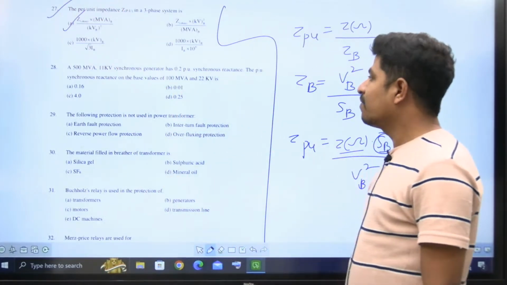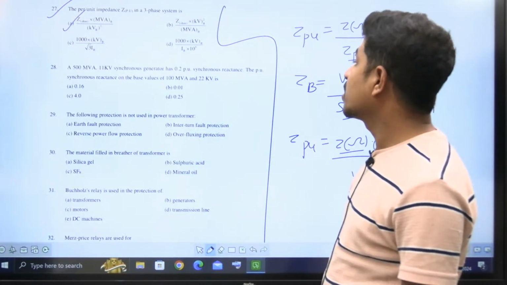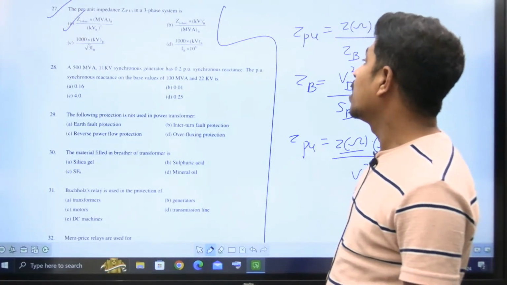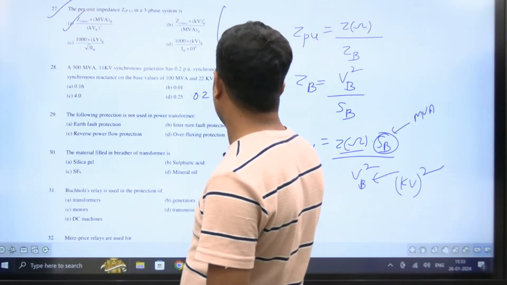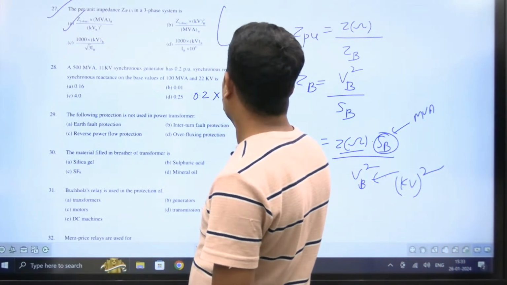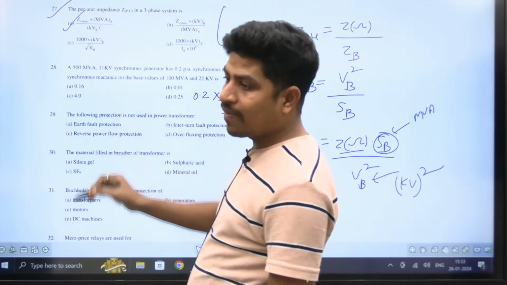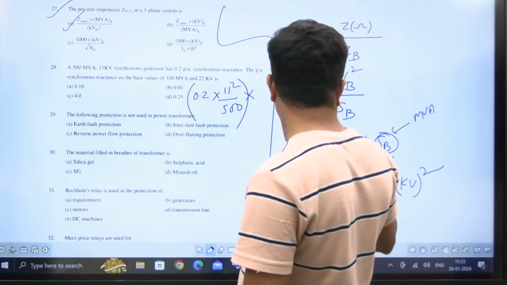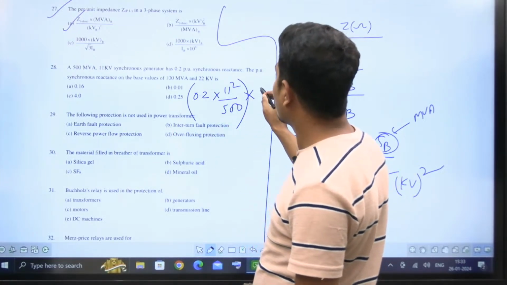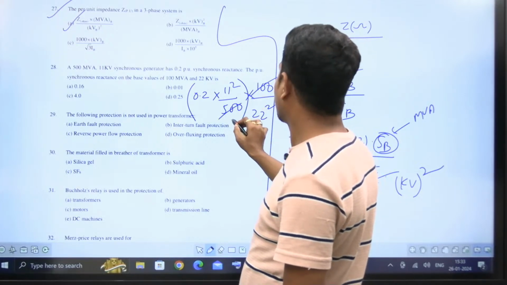Right. A 500 MVA, 11 kV synchronous generator has 0.2 per unit synchronous reactance. The per unit synchronous reactance on the base of 100 MVA, 22 kV is, changing the base: 0.2 into 11 squared by S base, which gives the old ohmic value, into the new base, S base, that is 100 divided by 22 squared. 100 is 5 times gone.